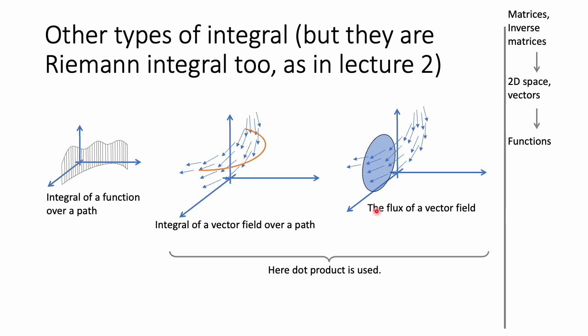And finally, there is yet another example. It's the flux of a vector field. So here is the vector field. Here is a closed contour with a certain surface stretched across this contour. And we compute the dot product of the vector field and the vector that is orthogonal to this contour and has the unit length.